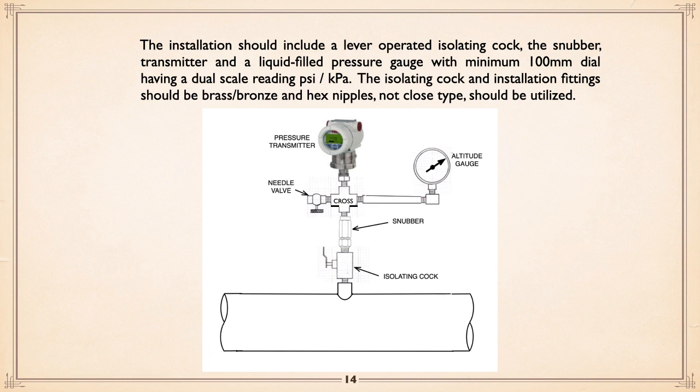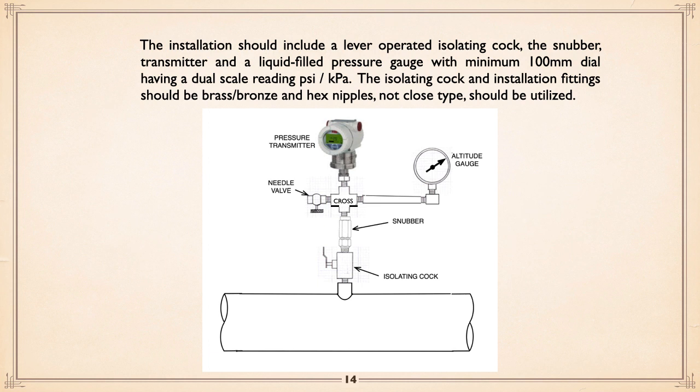On the right of the cross, you're going to an altitude gauge so you can see what the level is off the gauge. On the left, you've got a needle valve. We'll get to that in a minute. And then at the top, you've got the pressure transmitter. Okay, and I've described all this stuff here. Where that combination is nice is because you can simulate a situation, same as we were talking about with altitude valves before.